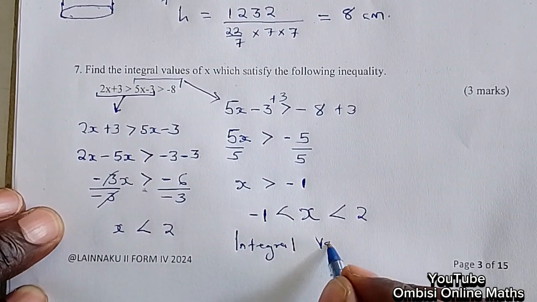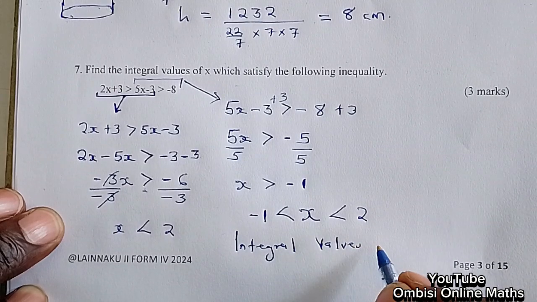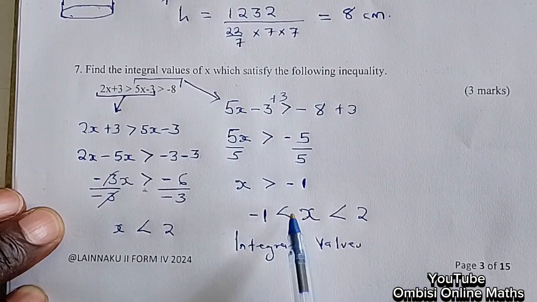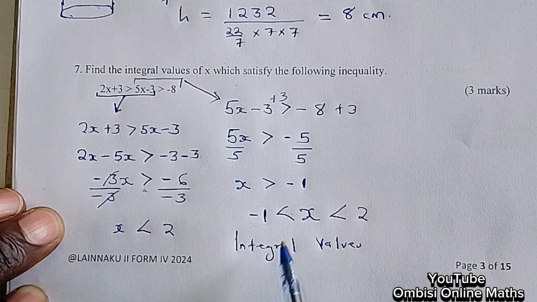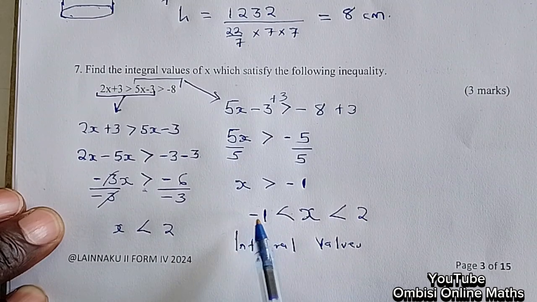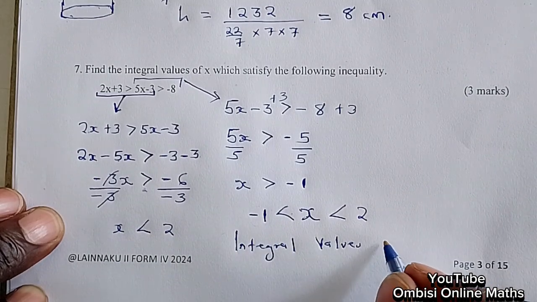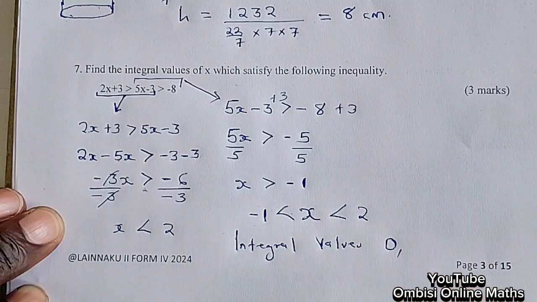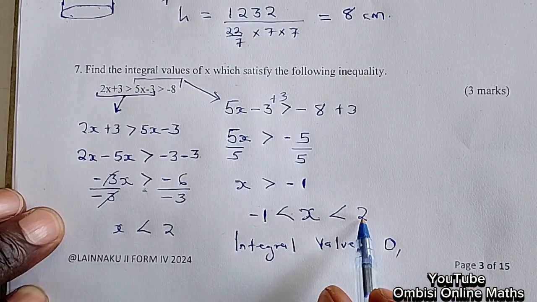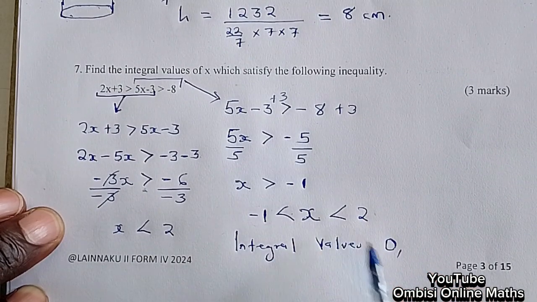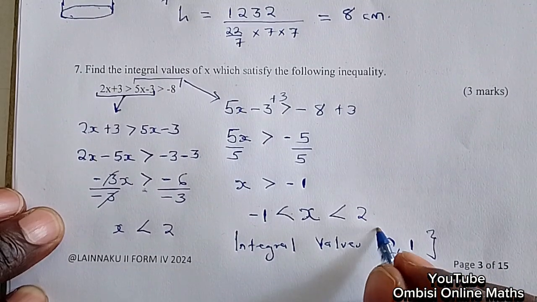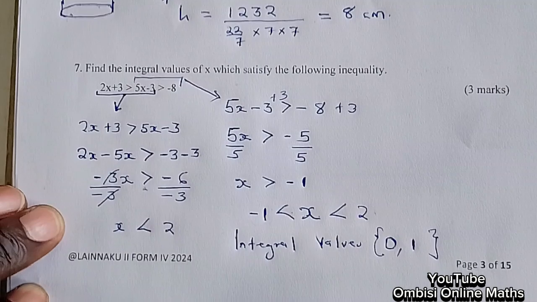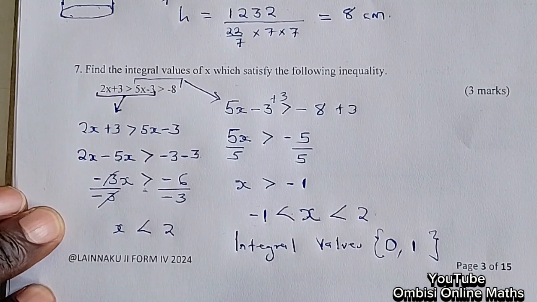For us to assign the integral values, x is greater than negative 1 but is not part of negative 1, so it can only be 0. X is less than 2, so it is not part of 2, so the next integral value is 1. So the integral values of x are 0 and 1.